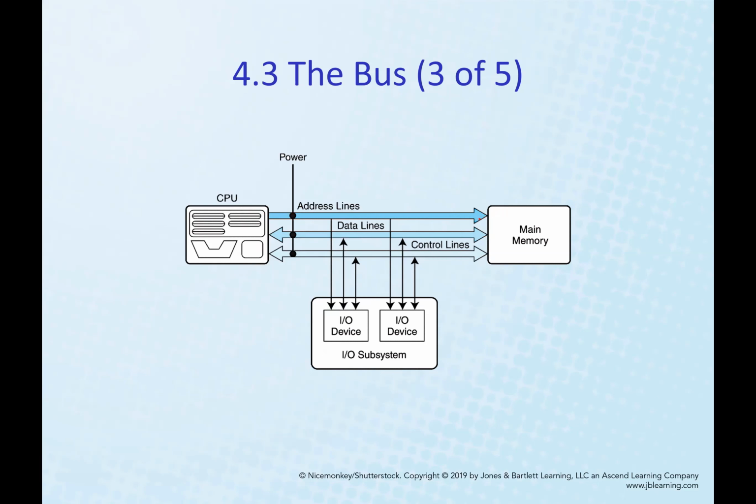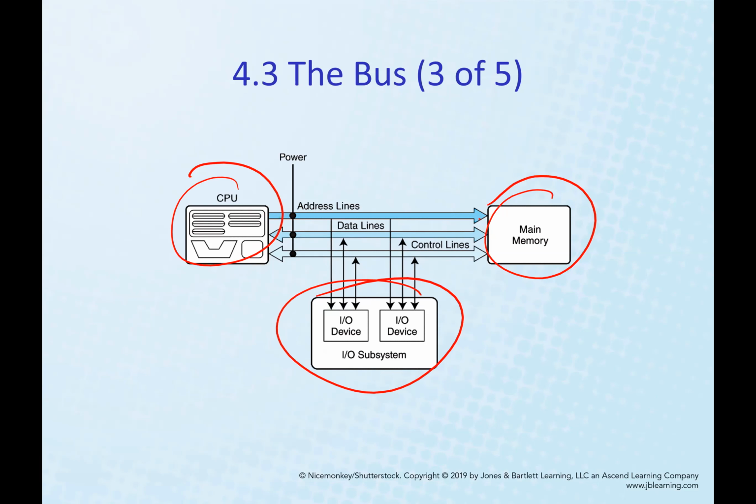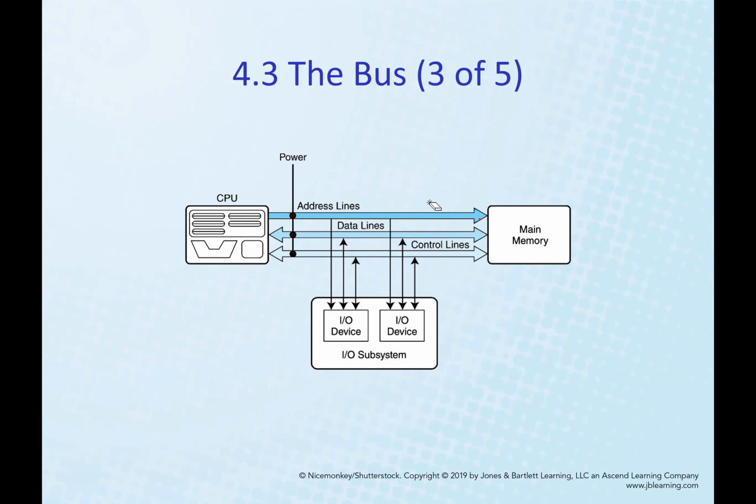And this bus can connect the CPU to the memory to the I/O devices. Okay, so it's an example of a bus. It's just an example. It's not very accurate. Any question?